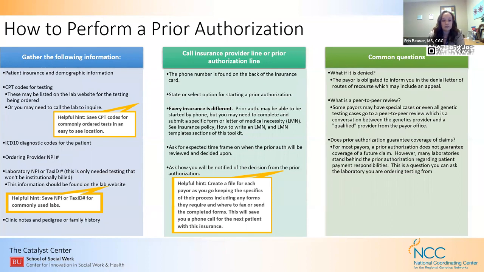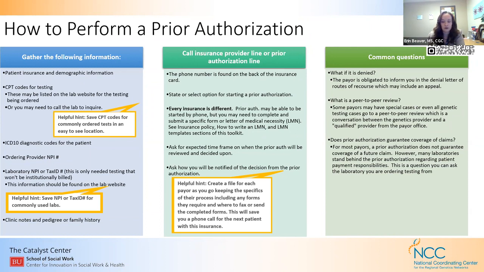But when you're needing to perform a prior authorization, the first thing that you want to do is gather all of your information. And there's a couple of pieces of information that you'll need to have. This is to avoid your own frustration if you're the one doing the prior authorization. So you'll need to have your patient's demographic information and insurance information, which is probably the most obvious. But we do also need to have the CPT codes for testing. That's usually available at the laboratory website.